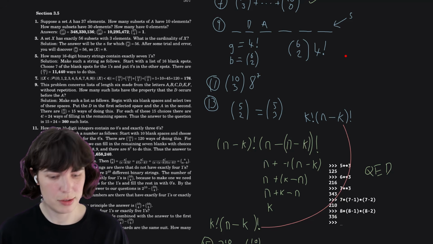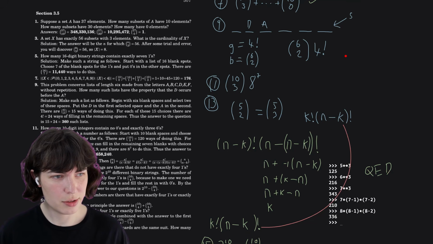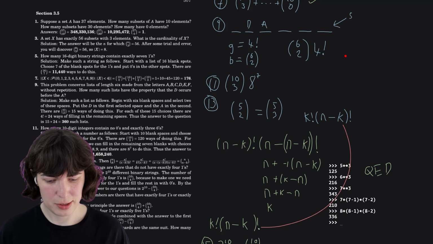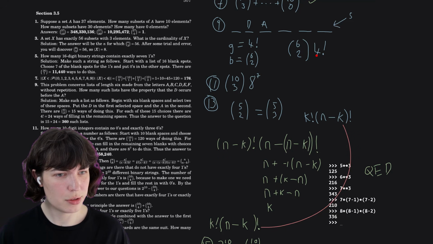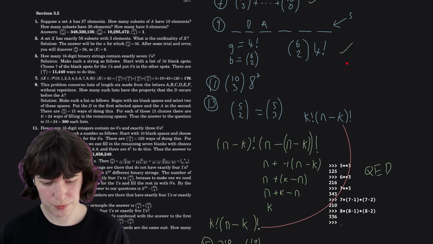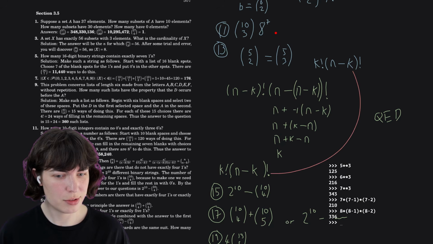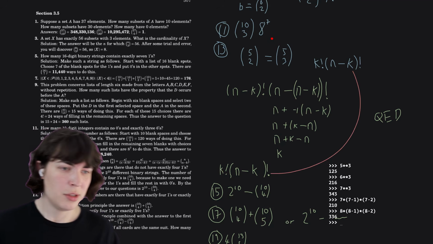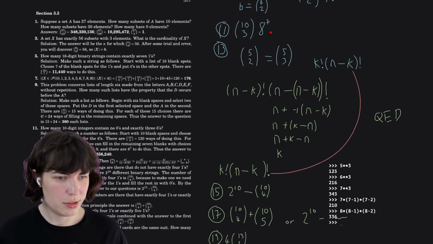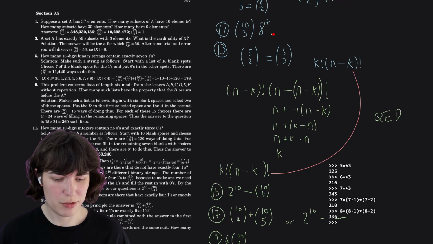9. 360. That's 6 choose 2 by 4 factorial. Yeah, I think that's right. And then for 11, 10 choose 3. Okay, fine.